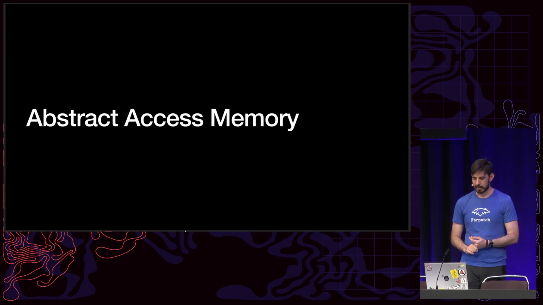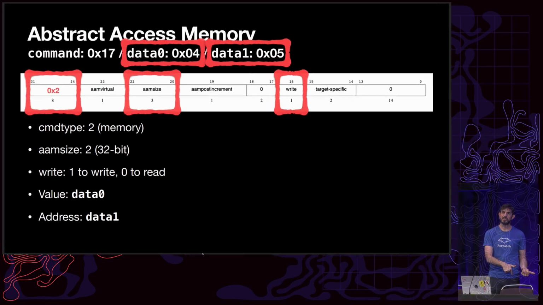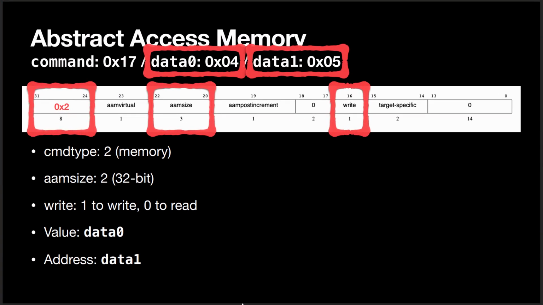What about abstract access memory? Well, this is using the exact same command that we use for abstract access register, which is why it has a very similar name. But now the command type is 2. It means access memory instead of registers. And now, because the address doesn't fit in the actual command register anymore, we put it in the data 1 register. The data still appears on data 0, so this behaves very much like the access register, except now it behaves on memory.